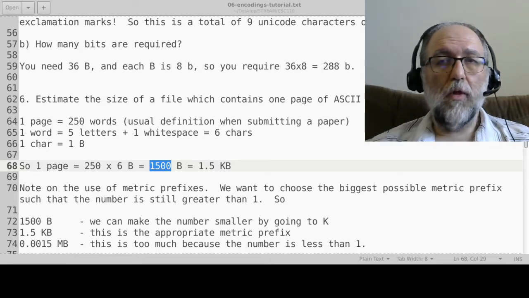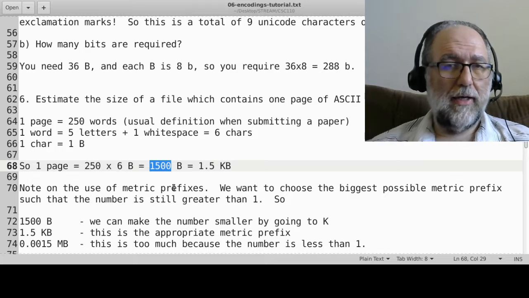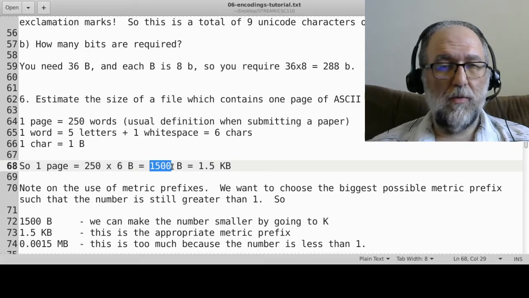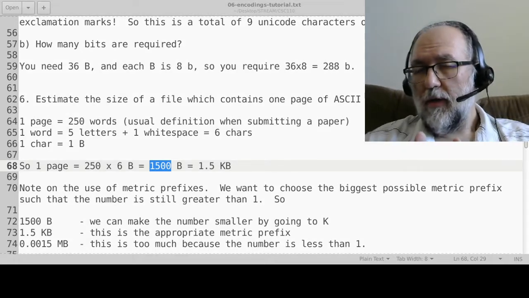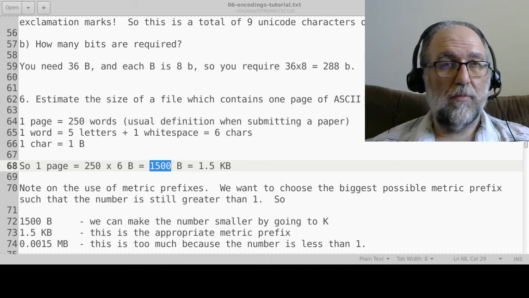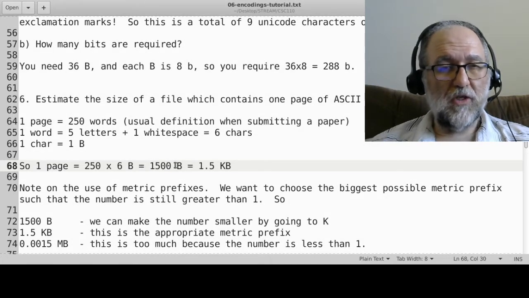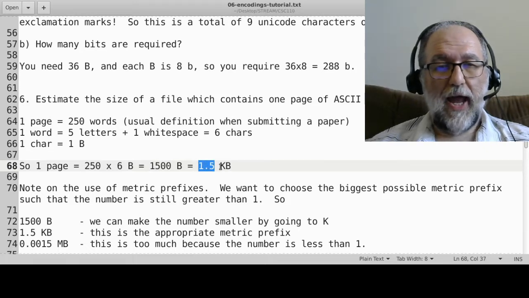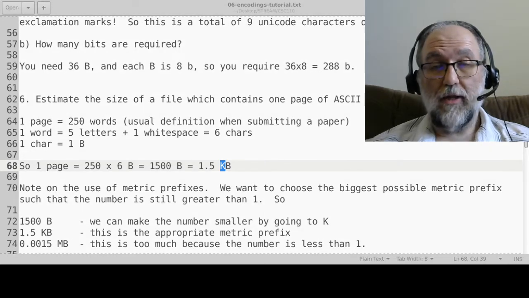So you'll see more of this as I do problems in the future, but right now you see that 1,500, you go, well, I can make that number smaller. How? By dividing by 1,000 and bumping to the next metric prefix. Well, there is no metric prefix right here. It's just a plain old byte. So if you divide this number by 1,000, you get 1.5, and then you go from no metric prefix to your first metric prefix, which is kilo.